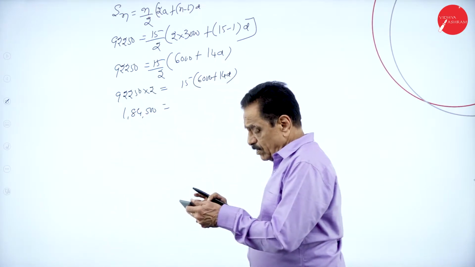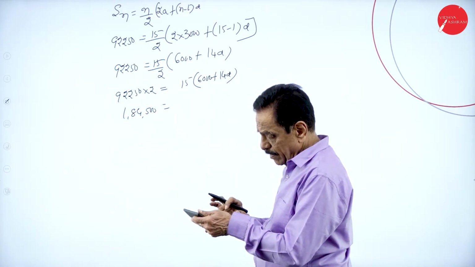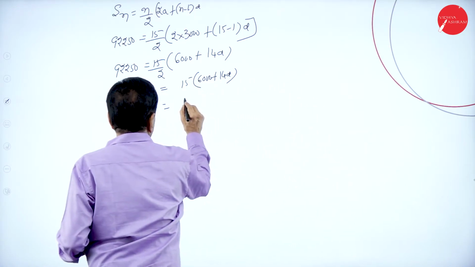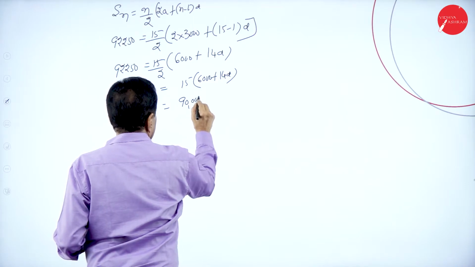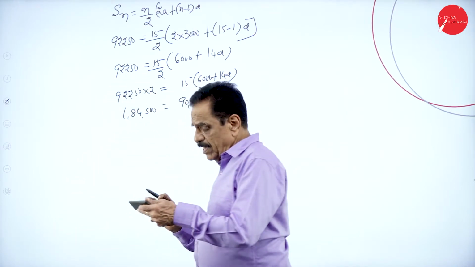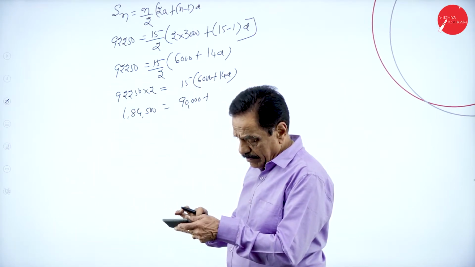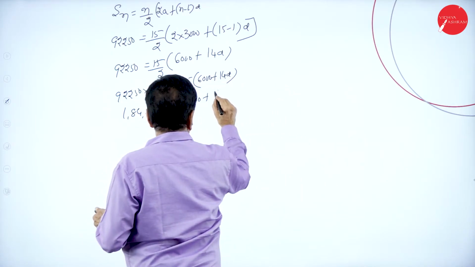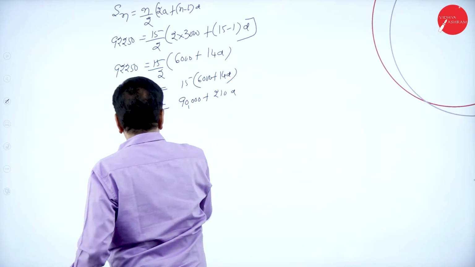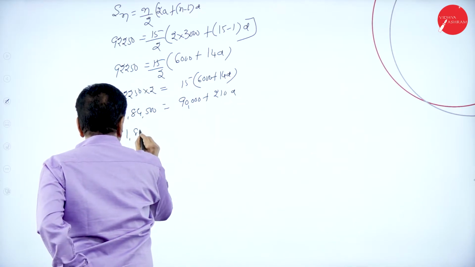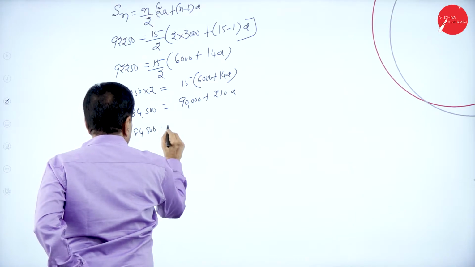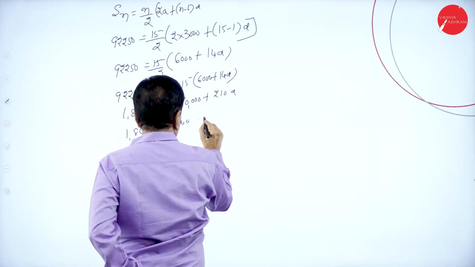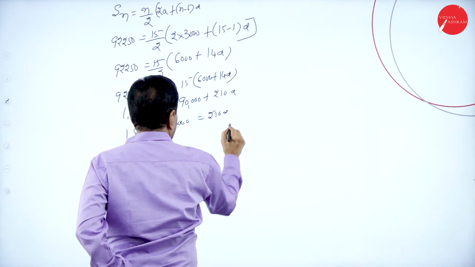So 6,000 into 15 is 90,000, and 15 into 14 is 210D. You take 1,84,500 minus 90,000 is equal to 210D.